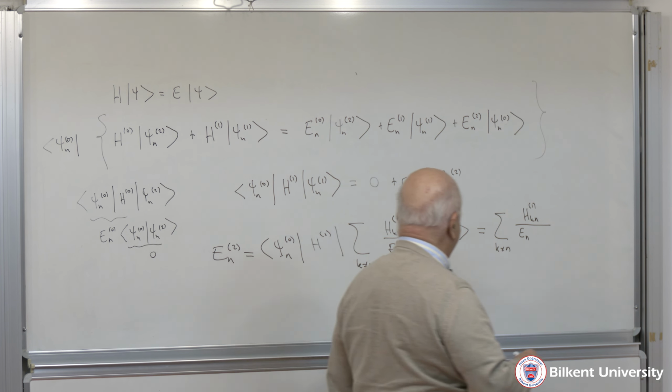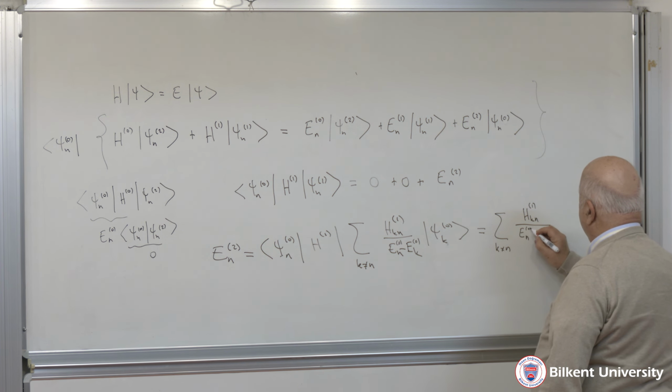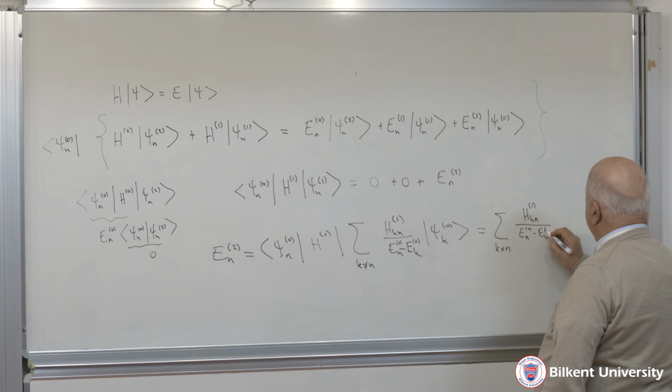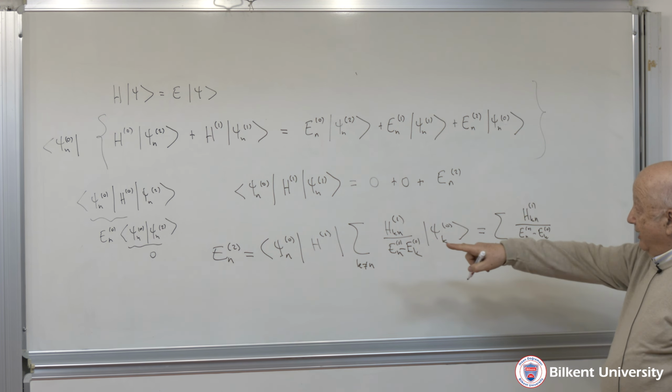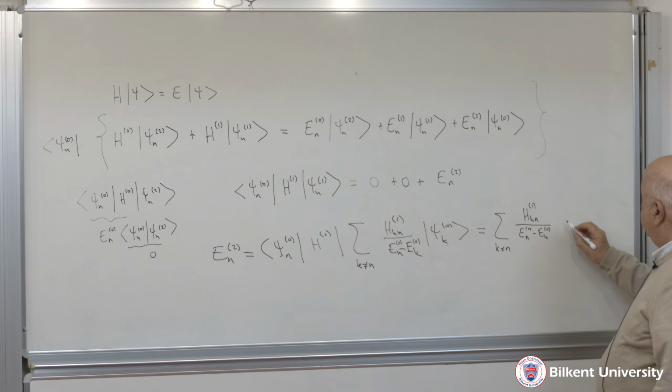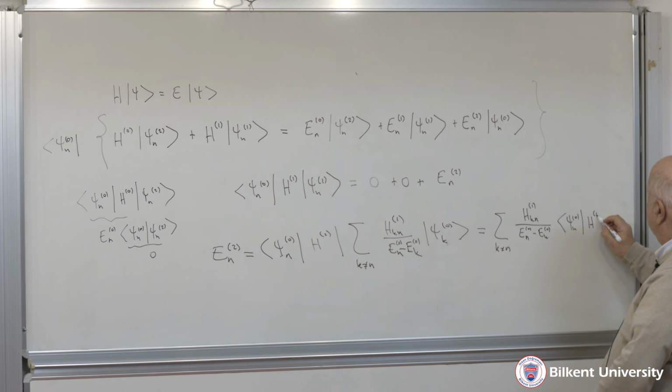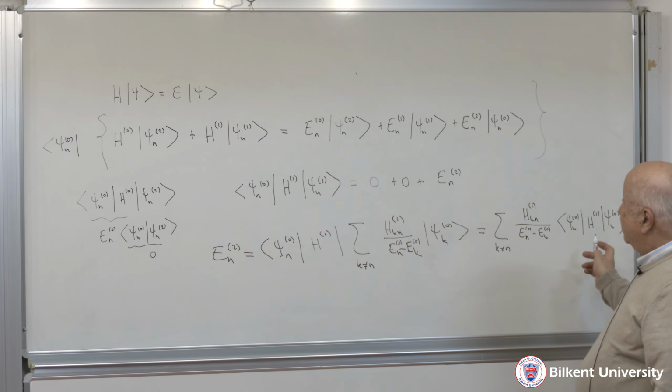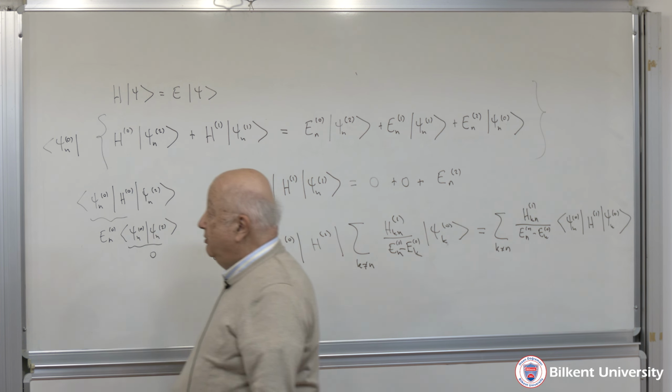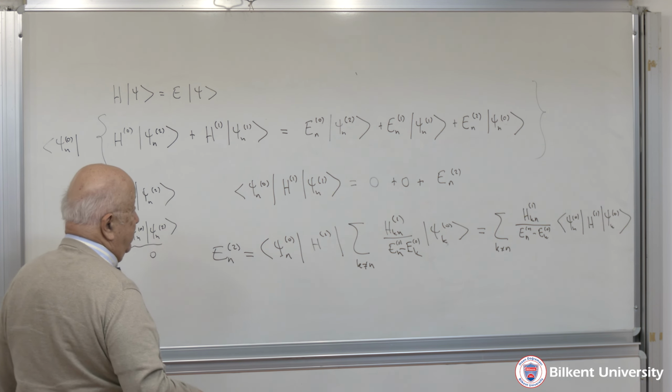So I have En0 minus Ek0. And then just psi N0 H1 psi K0. But that's something that we defined over here as the matrix element itself.